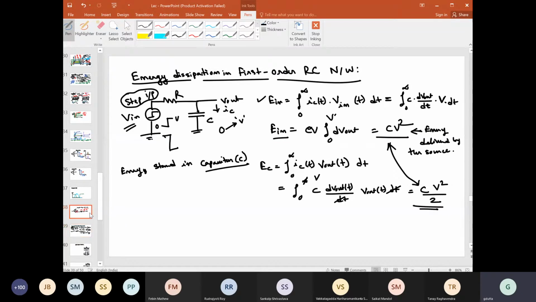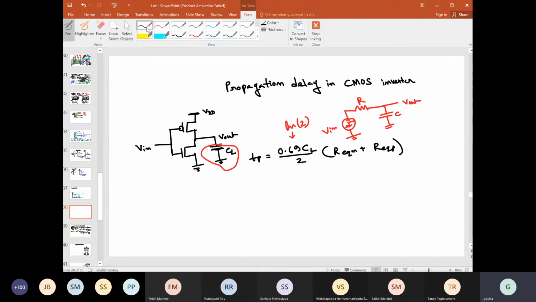During charging, if you consider an equivalent resistance, half of CV square amount of energy will be dissipated across this resistance, and during discharging, when the capacitor has to discharge through this, the stored energy, which is half CV square, will be dissipated across this resistance.